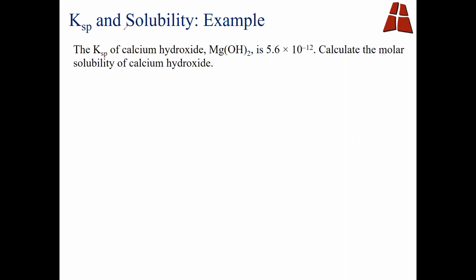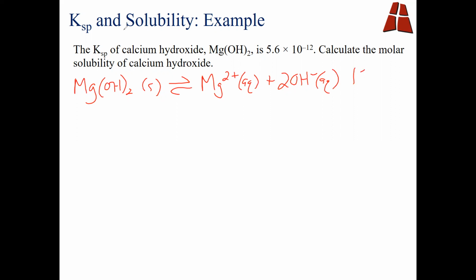And so we start by doing the thing I recommend for all equilibrium problems: write the relevant chemical reaction. So for KSP, we're always starting with the solid, and then it's going to be in equilibrium with our ions, so Mg2+ and 2OH-.